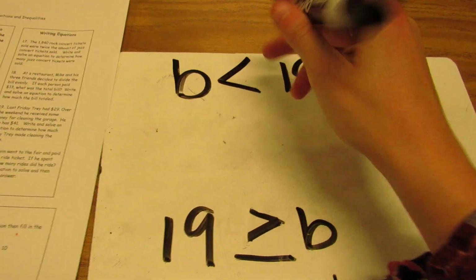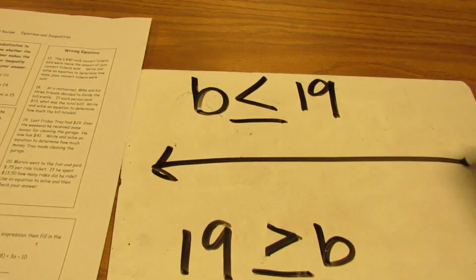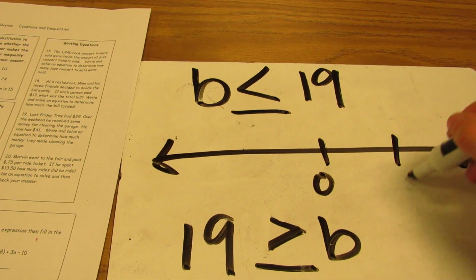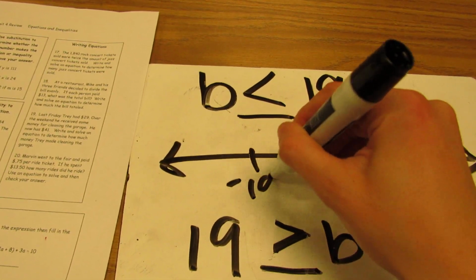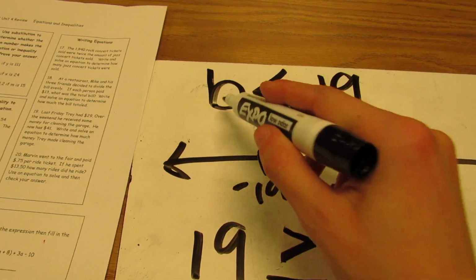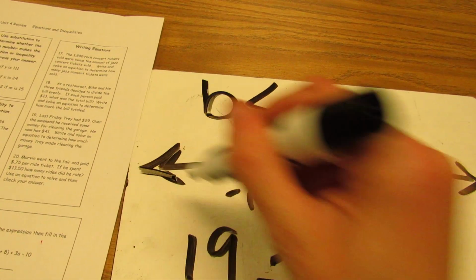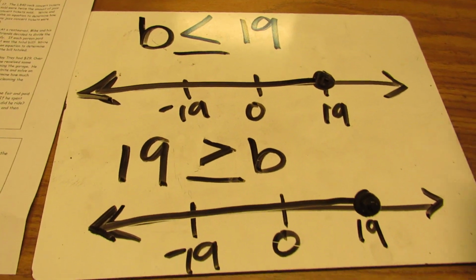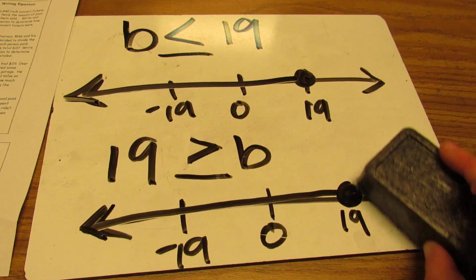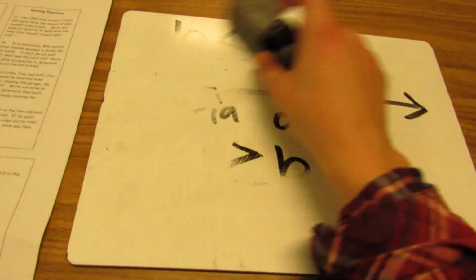So it would be engulfing 19. I hope that makes sense, okay? So again, if I graphed it, 19, it'd be a closed circle at 19, and b would still be less than, so 0 would work, and it would still look the same. All right, I hope that makes sense. All right, so just be careful how you read your inequality tomorrow.